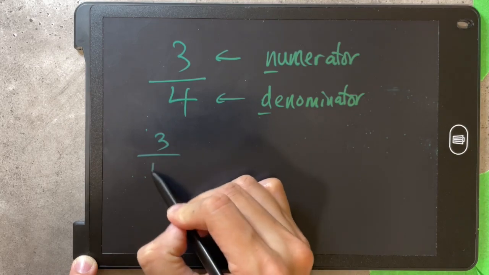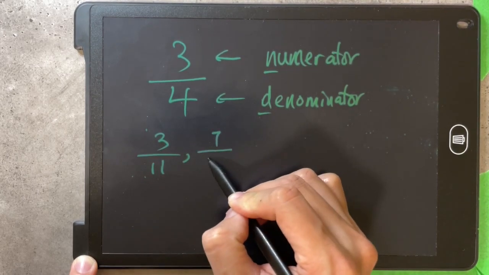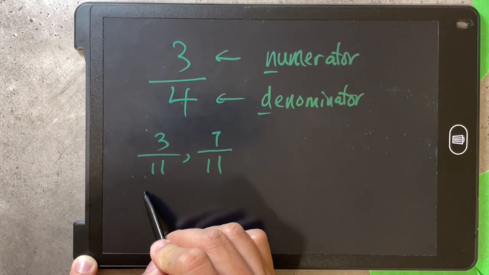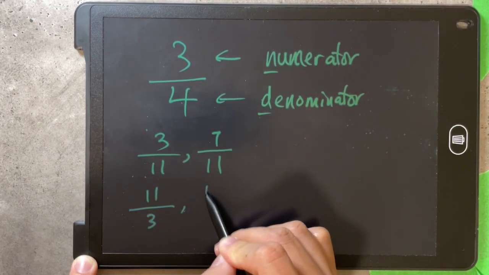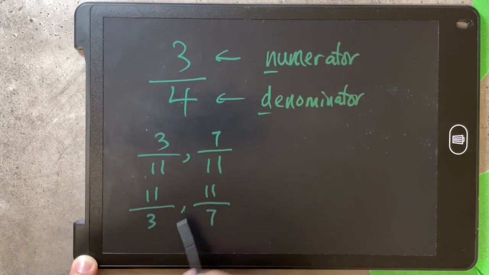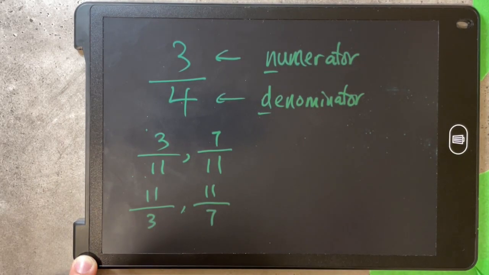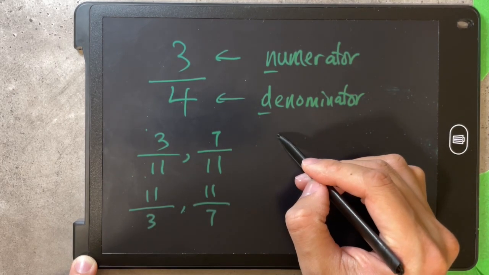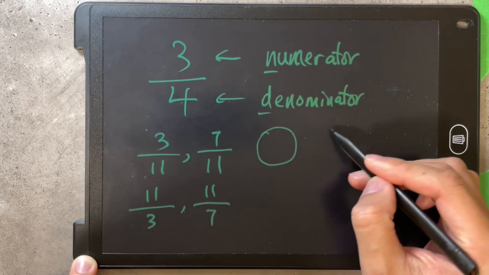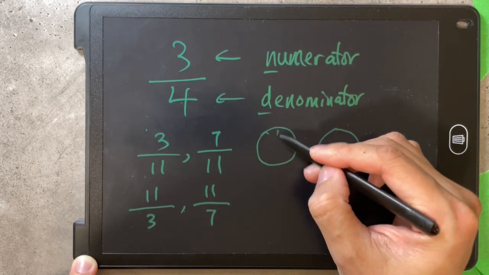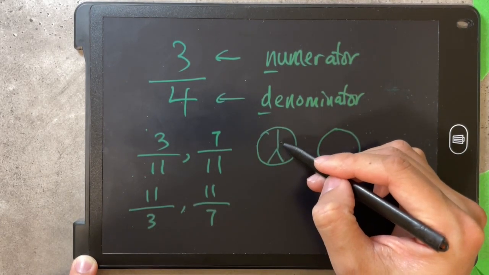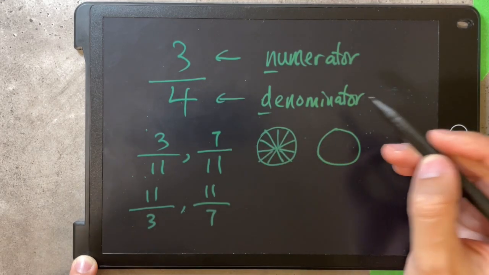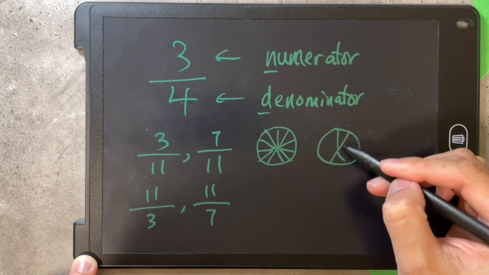So if you have, let's say, the denominators are the same, and then there's one where the numerators are the same, but the denominators are different. So if the denominators are the same, it means that the pieces are the same. So we want to draw an 11th, so I need 5 more of that.